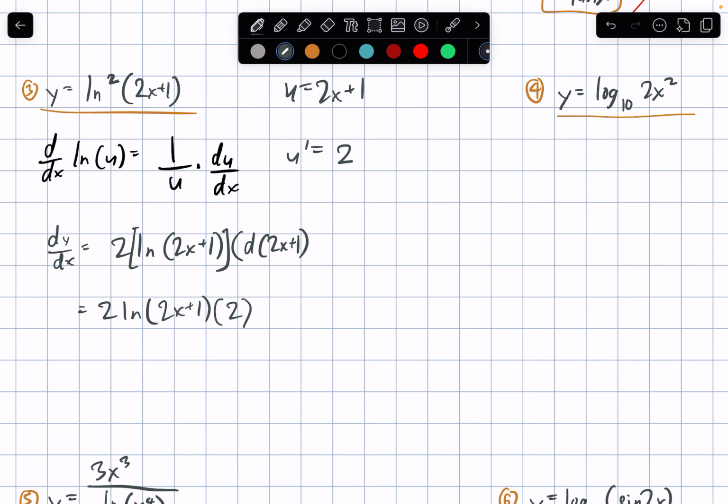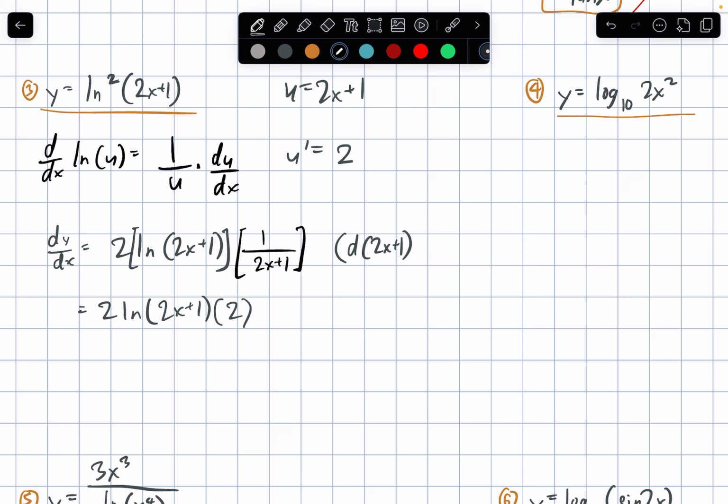And yeah, don't forget, this is where it gets messy, because aside from chain rule, you need to differentiate this here. So it's going to be 1 over 2x plus 1. Well, yeah, that's it.